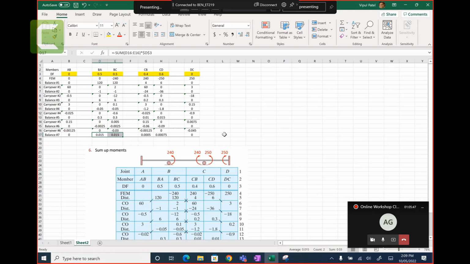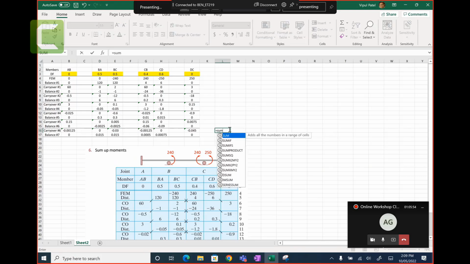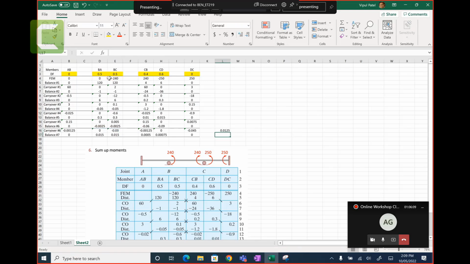You can sum this one up. I think the carryover that here, you need to sum this carryover. So let's say equal to sum this carryover divided by sum these fixed end moments times by 100. Yep, is less than 1. It's pretty much good. You need to check it here as well.